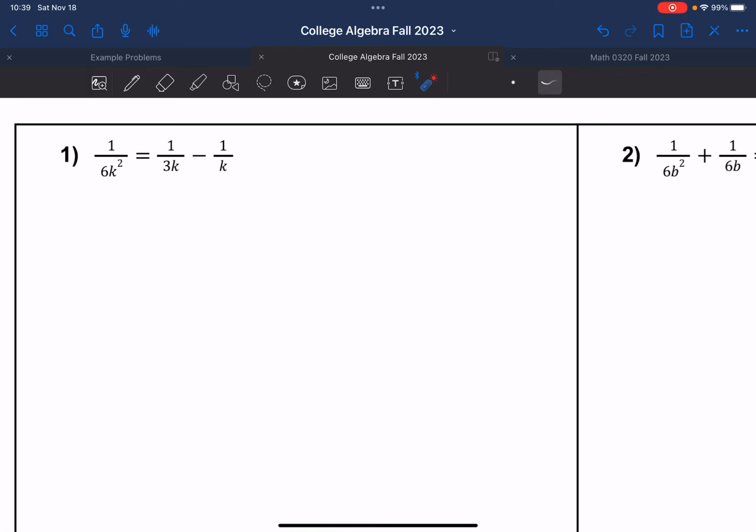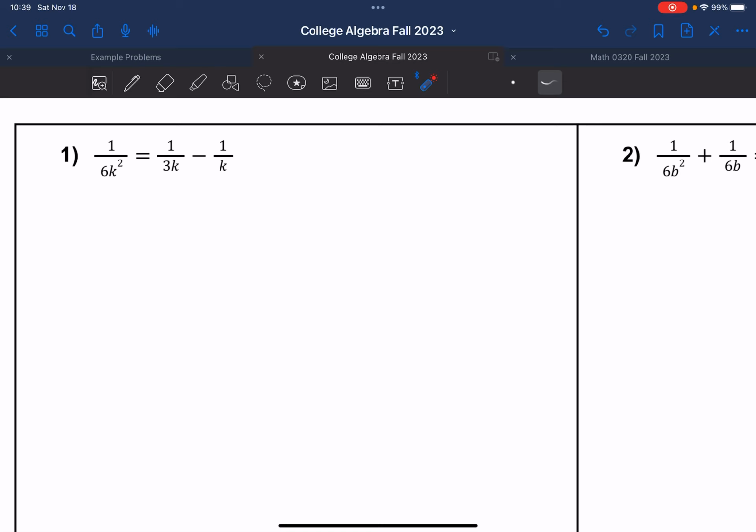Notice on the left side, we already have one fraction there. But on the right side, we have two fractions. Because we have those two fractions, we're going to have to get a common denominator between these two, so we're able to subtract them and make it one fraction.